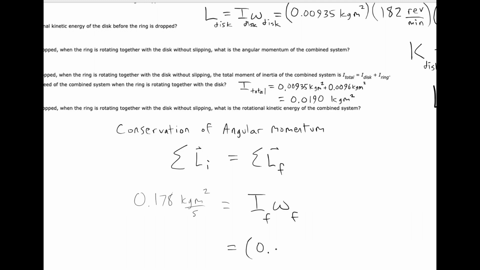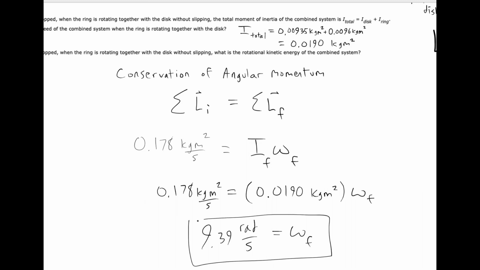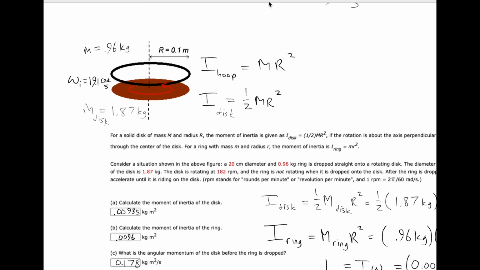So plug that in. And now we can solve for the final angular speed. It's 9.39 radians per second. And just for comparison, the initial speed in radians per second was 19.1. So the angular speed of the system slowed down once the ring was dropped onto the disk.